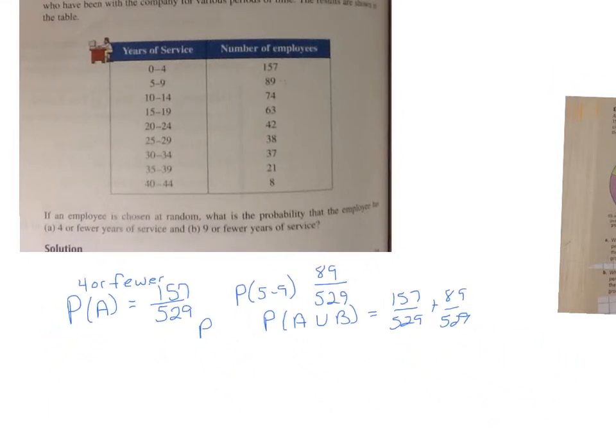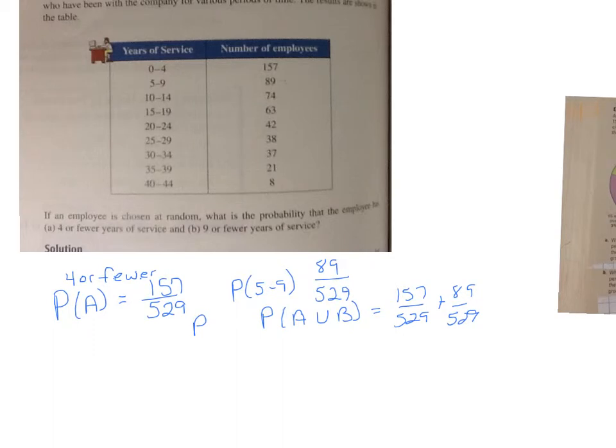As a decimal, that is approximately 0.465, or 46.5% have 9 or fewer years of service. Notice there wasn't any overlap.